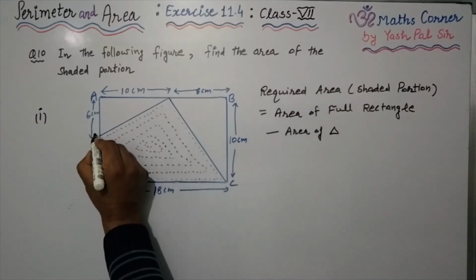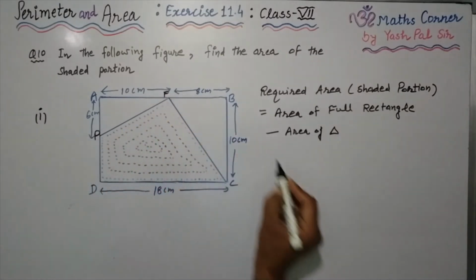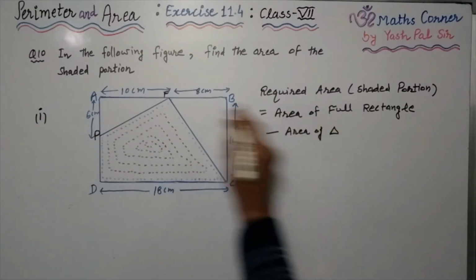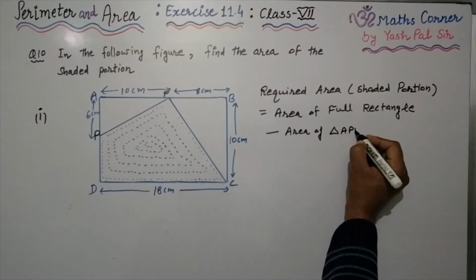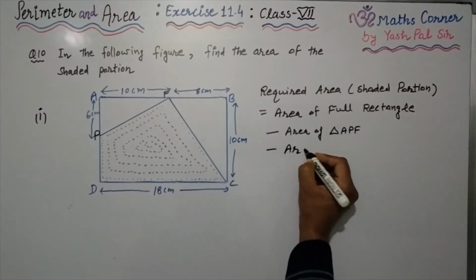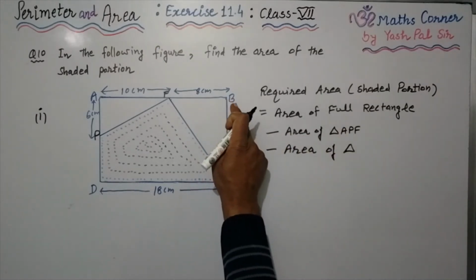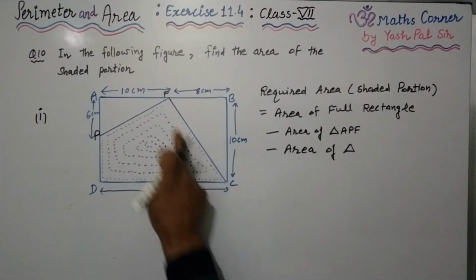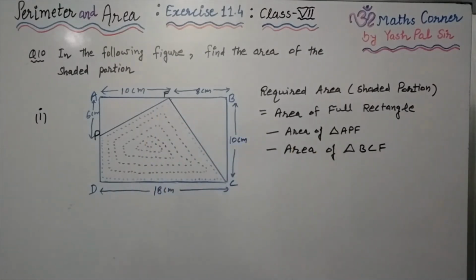The name of this triangle is, this is P, this is F, triangle APF. Again subtracting area of triangle BCF. Now we solve this.